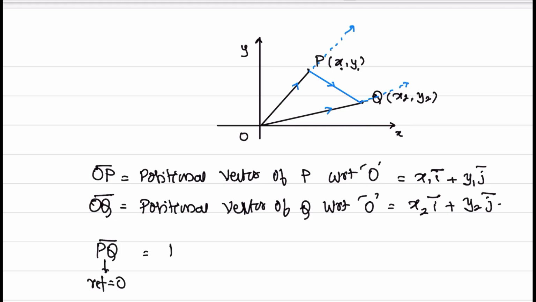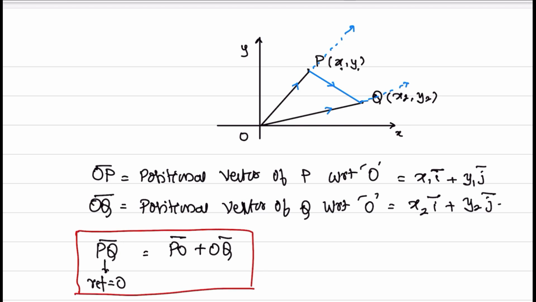Then PQ is equal to PO plus OQ. Please remember this. This is a very, very important concept. If you have forgotten anything, please apply this concept. It's a shortcut, it's a trick. Don't forget it. PQ is equal to PO plus OQ. In between, O is common. There should be a common reference point.